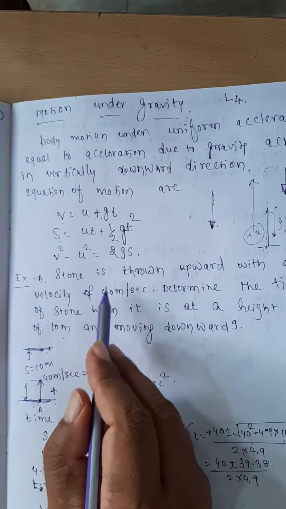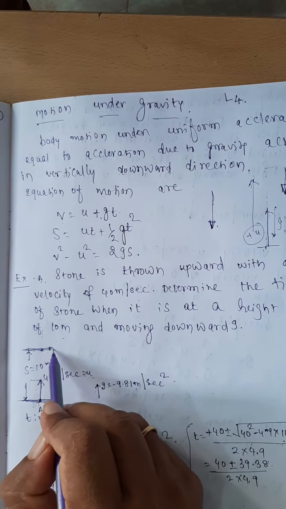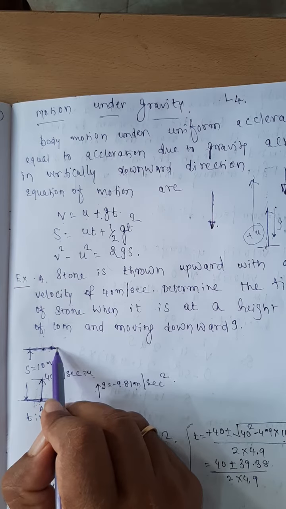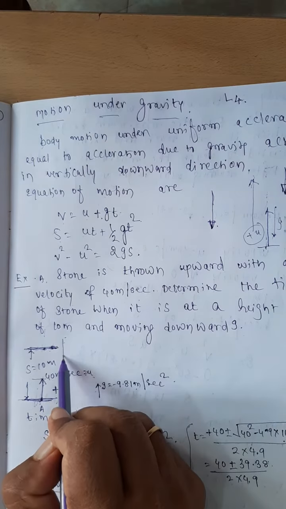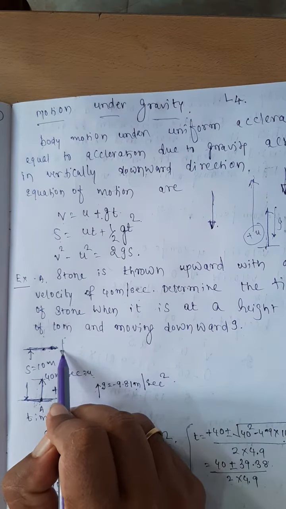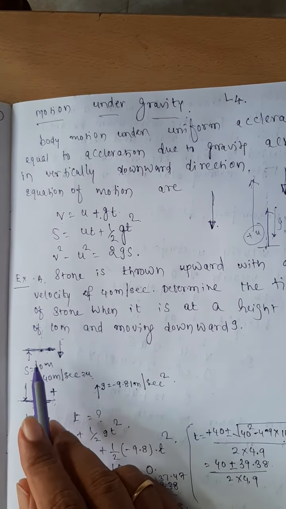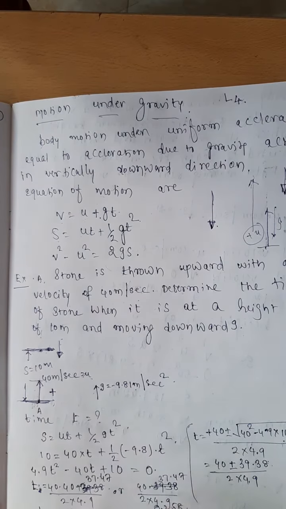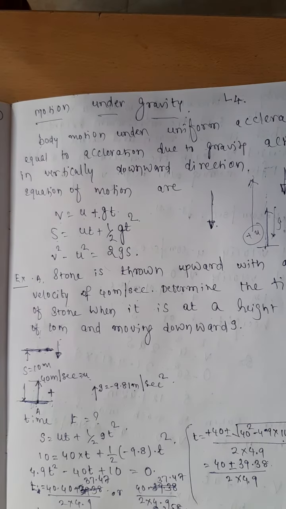Particularly he is asking for the time taken by the body till it is at this location but moving in the downward direction. You may get two times, one corresponding to the body moving upward, the other for the body moving downward.